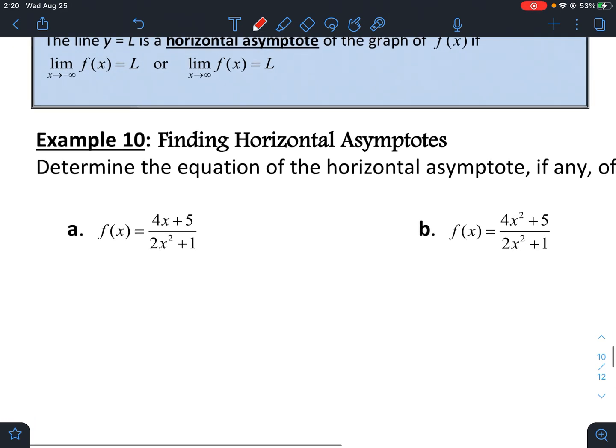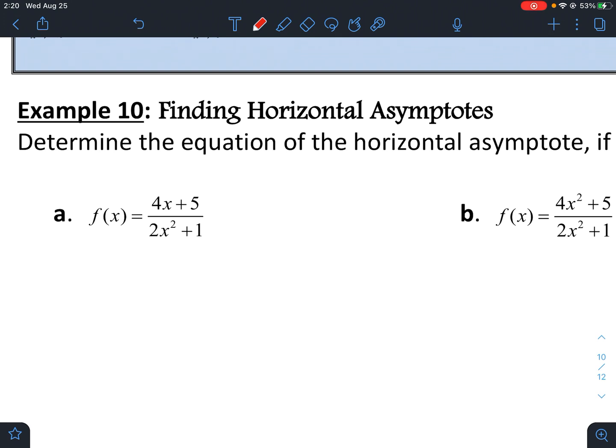So, if we take a look at problem A, we can do this using our pre-calculus methods or our calculus methods. It says determine the equation of the horizontal asymptote, if any, of the graph of the function. So using calculus methods, we can do the limit as x approaches infinity or negative infinity of this function, divide each term by x squared, and then put infinity in.